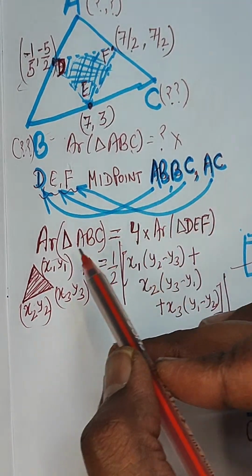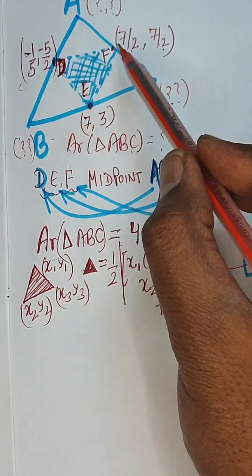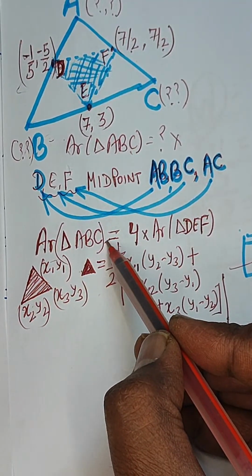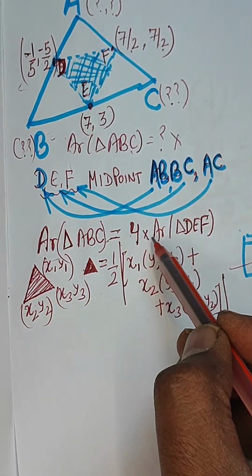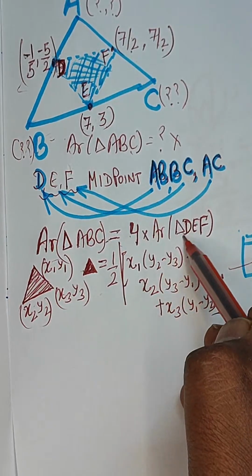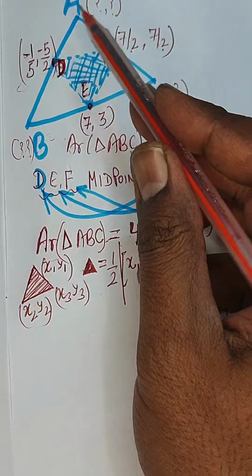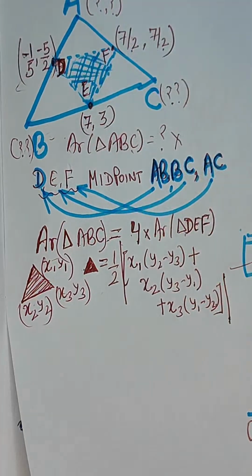But we know that when such midpoints are given to you, the area of the triangle ABC is equal to 4 times the area of the triangle which is formed by joining the midpoints of the three sides of the bigger triangle, right?